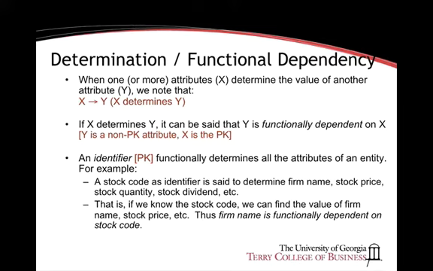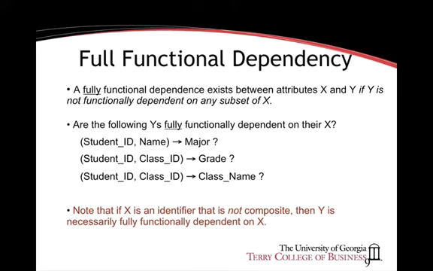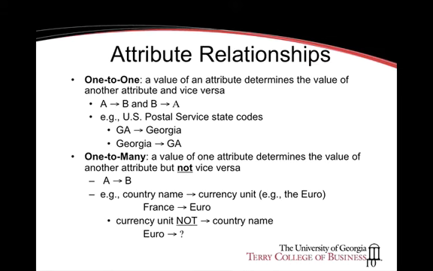For instance, a primary key functionally determines all the attributes of an entity. Full functional dependency is when a combination of attributes fully determines another attribute. So y is not dependent on any subset of the combination, but is determined by the whole combination. Here are some examples of functional dependencies.